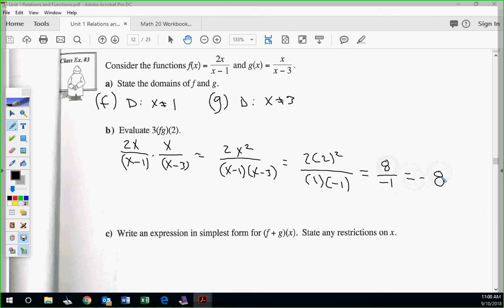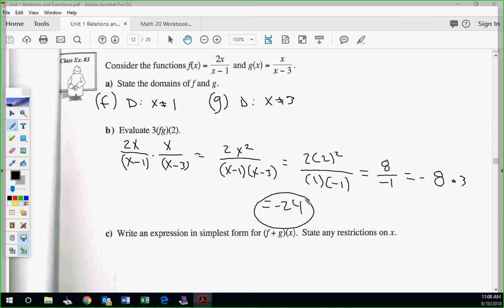So we get negative 8. And what's the last thing we have to do? Times it by 3. So we get negative 24 is the solution. Okay, kind of putting it all together there.